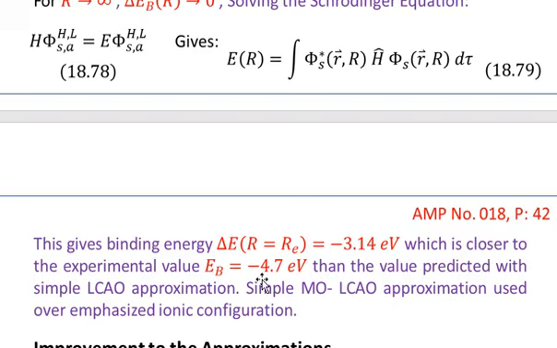This is closer to the experimental value than the value predicted by the simple LCAO method, or simple molecular orbital LCAO approximation, using the overemphasized ionic configuration. We have also discussed that the molecular orbital under LCAO approximation considers the ionic conditions of the molecule. Ionic conditions are overemphasized by the molecular orbital LCAO approximation, and due to that there is a great separation between the energies.